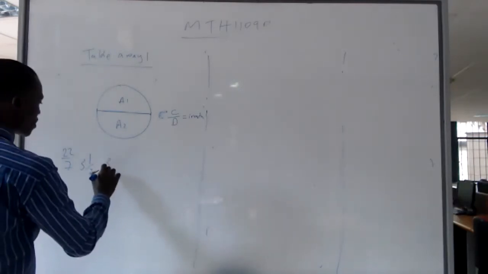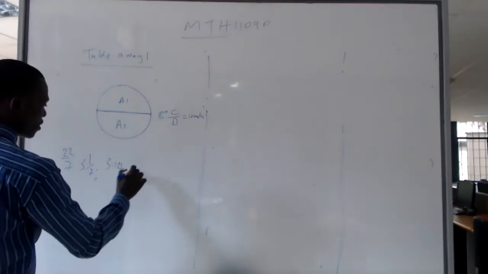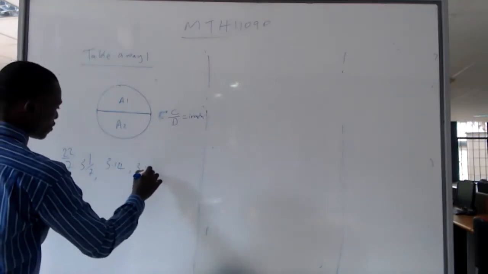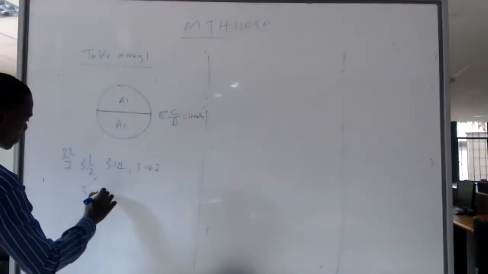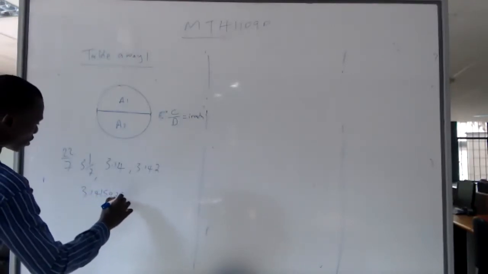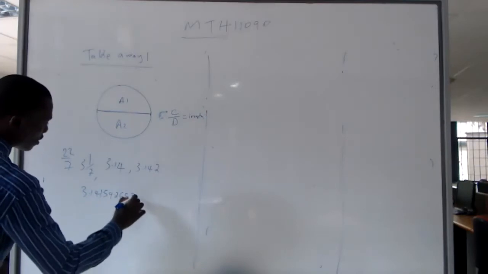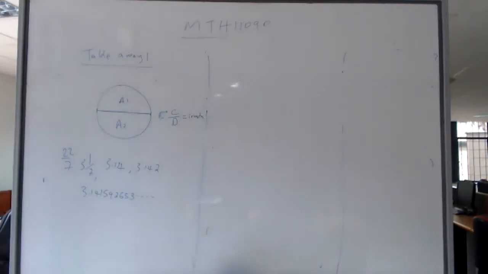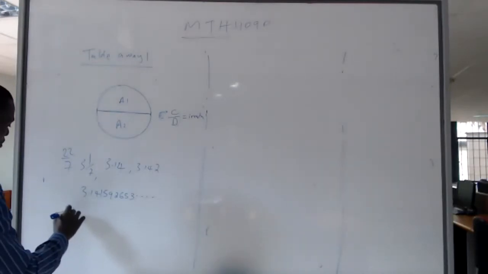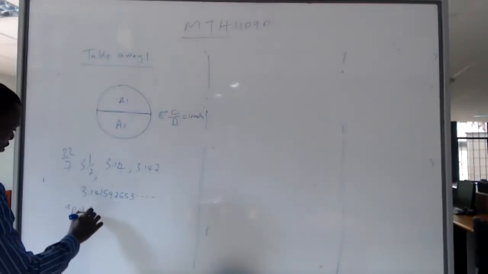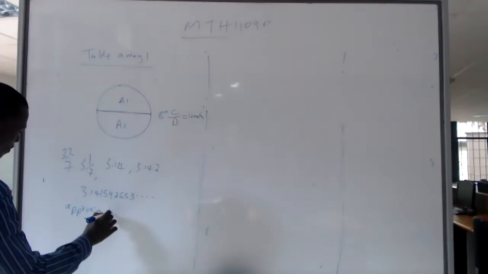In some cases, 3.14. Some books 3.142, some books 3.141592653. All these are just approximations.